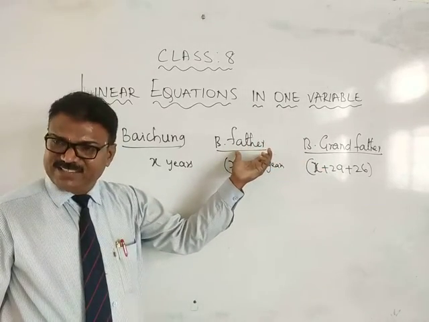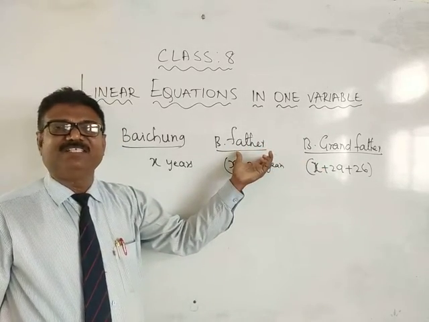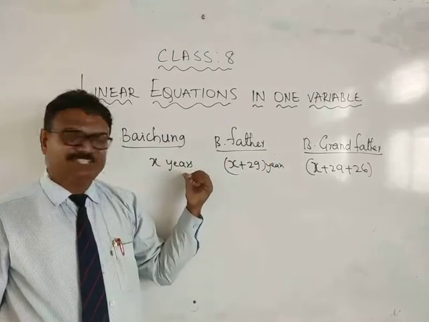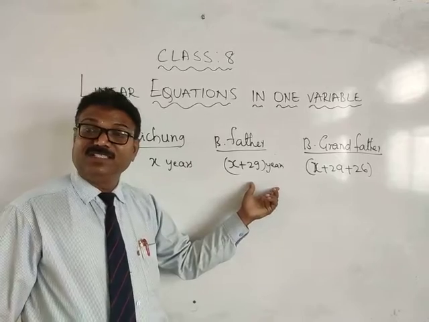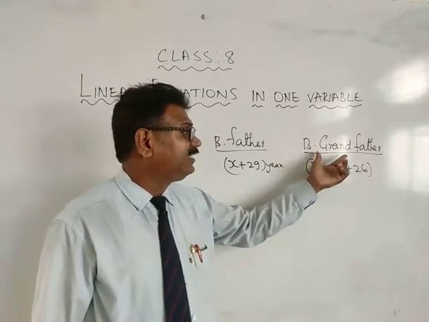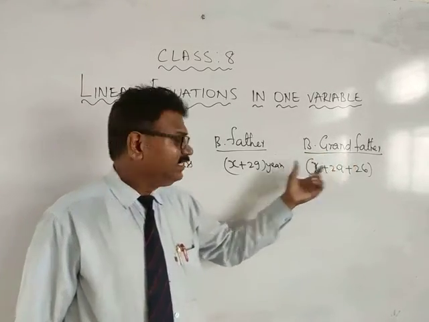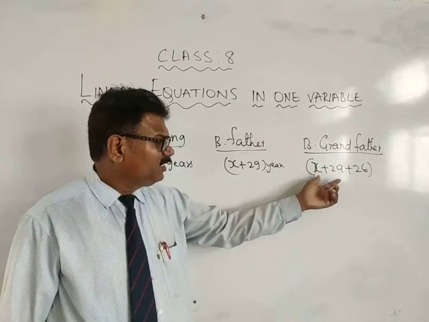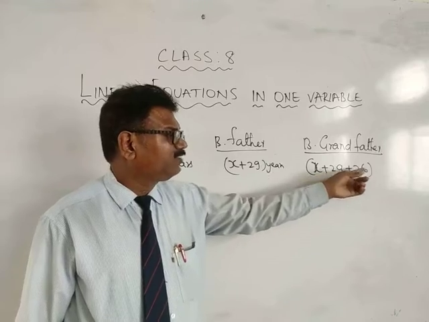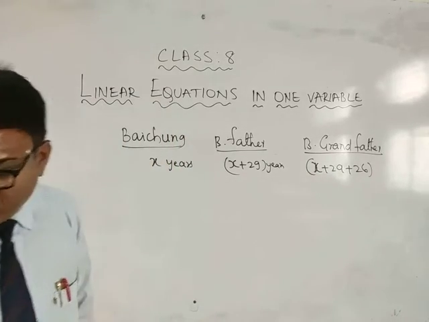Baichang's father is 29 years more than Baichang, and he is 26 years less than the grandfather. He is less means the grandfather will be more. Therefore, count x plus 29 plus 26 like that. Okay?